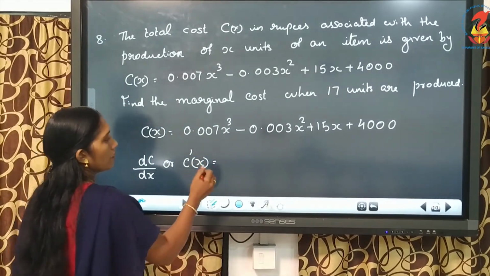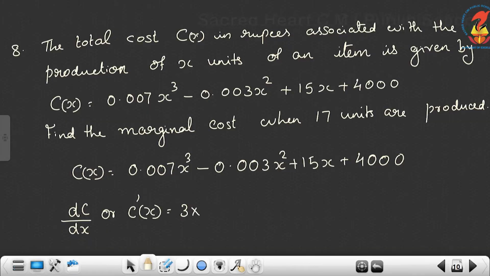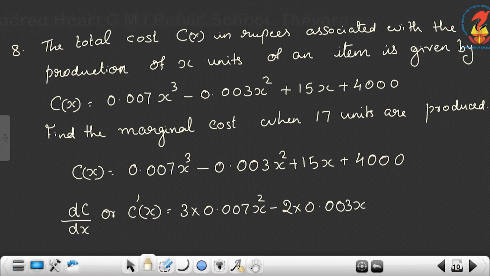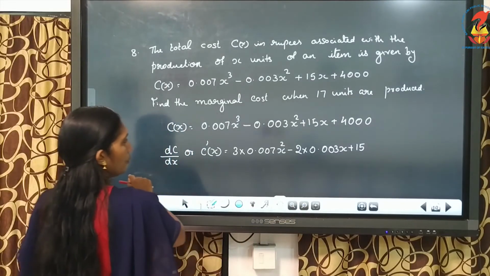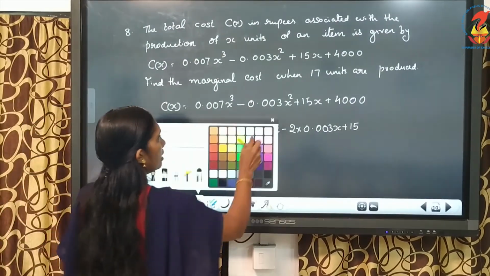So what is the derivative of this expression? 3 into 0.007 x square minus 2 into 0.003 x plus 15. Then give the value x equal to 17.